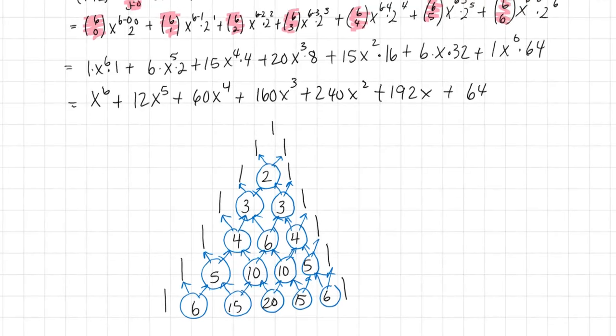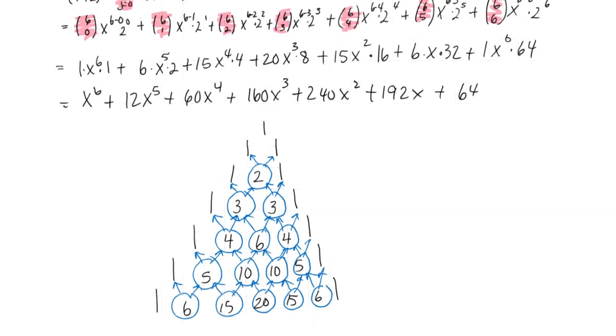Now hopefully you noticed that this last row of Pascal's triangle that we worked out contained the coefficients that we got from using the combination formula. 1, 6, 15, 20, 15, 6, and 1. So if you're able to build Pascal's triangle, you can use those numbers in your binomial expansion without having to use the combination formula.